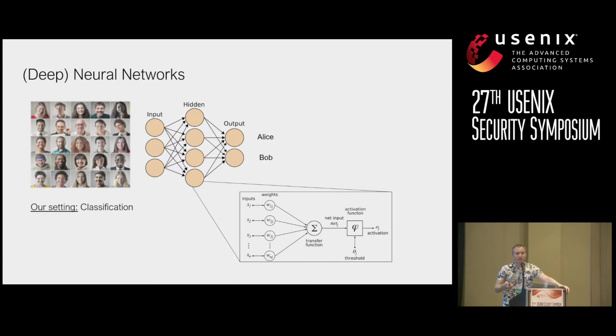And what is going on inside one of these neurons? Well, a lot was talked about this in the last talk. We have the inputs that are coming from the previous layer. These are multiplied with weights, which are learned during the training process. Then summed up, we apply a nonlinear function, the activation function, and this gets assigned as the output of this neuron, which will be the input to the next layer.